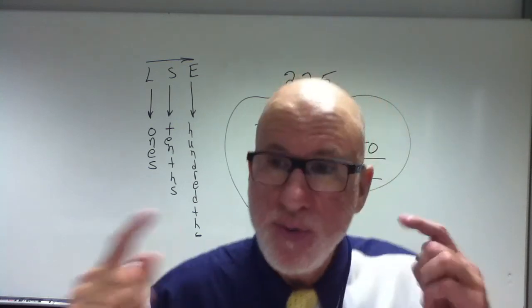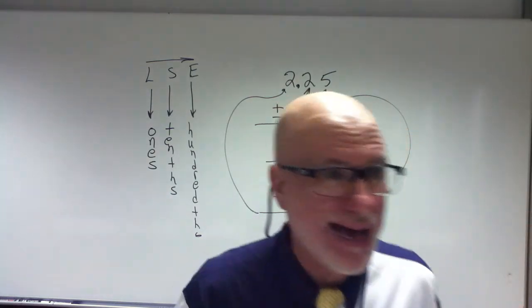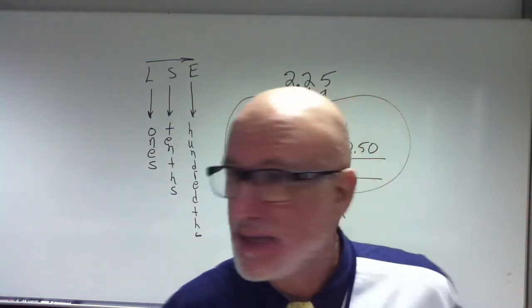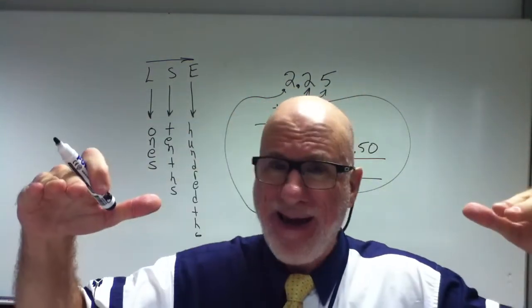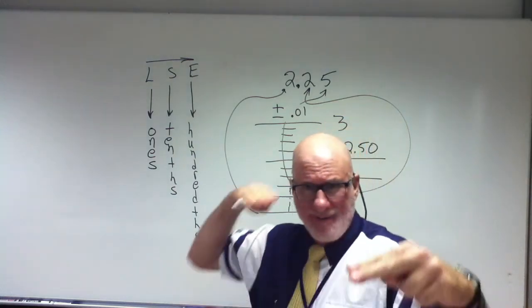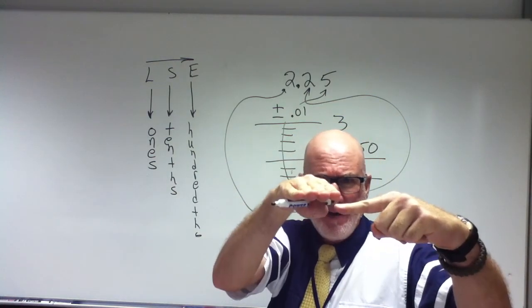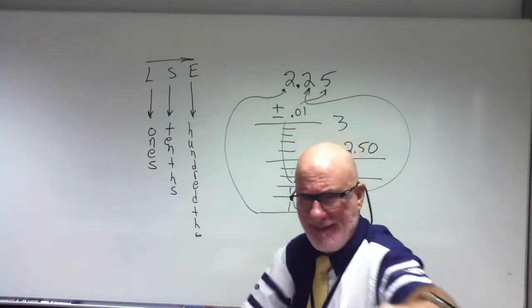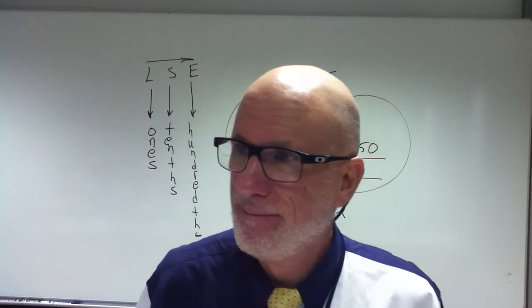Yeah, well, what you're doing is, I'm estimating this to be a 5. I'm estimating it to be halfway. What's the zero saying? The zero is saying it's right on the line. Right there. Here's the line. Right there. Not here. Not here. You ready? It's right there. Okay?